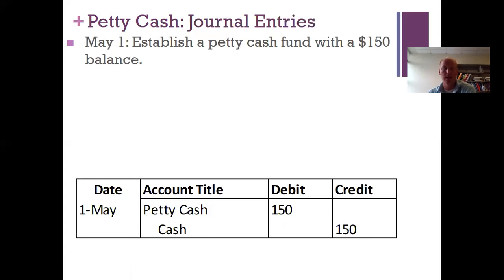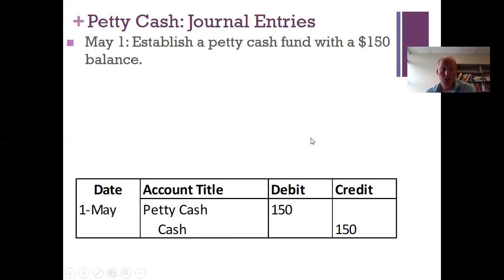The other thing that could happen is, say we're at $150 and we want to reduce it down to $100. In that case we would debit cash for $50 and credit petty cash. So whatever the balance needs to be, you debit petty cash for that amount and credit cash for that amount.